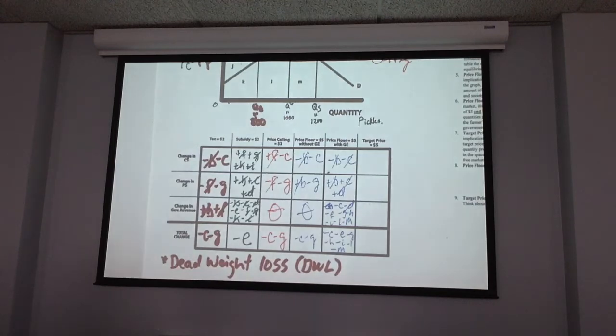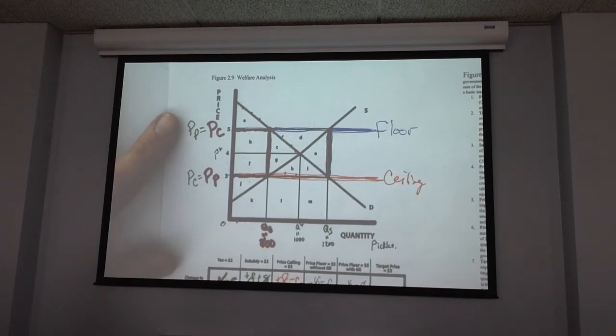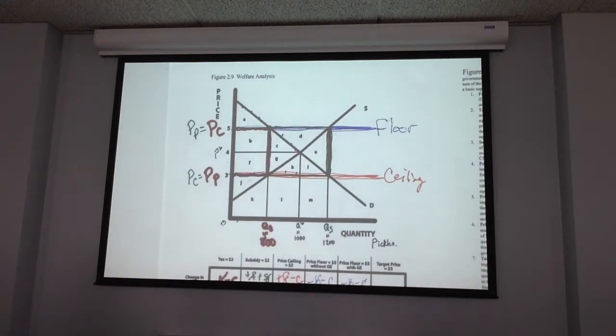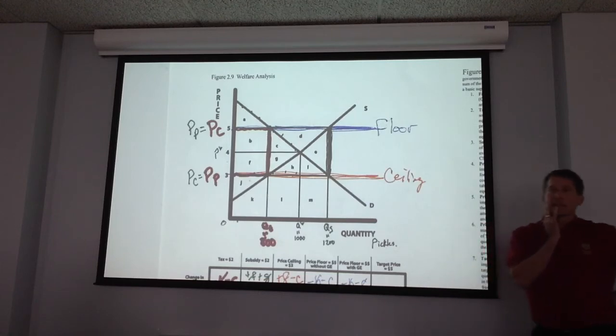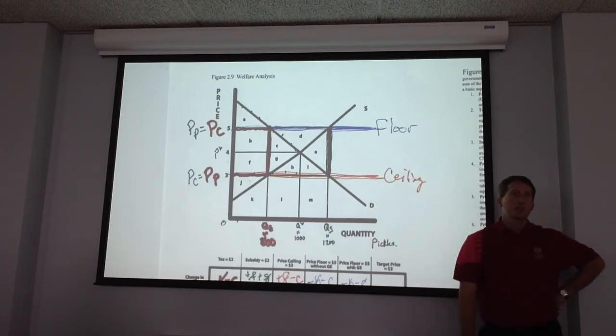We're going to look at the program here and say, all right, we're trying to help the farmers out at $5. So let's set a target price of $5 and say, farmers, and pickle producers, you go ahead and make as much as you want, knowing that you're going to get $5 for your amount produced.